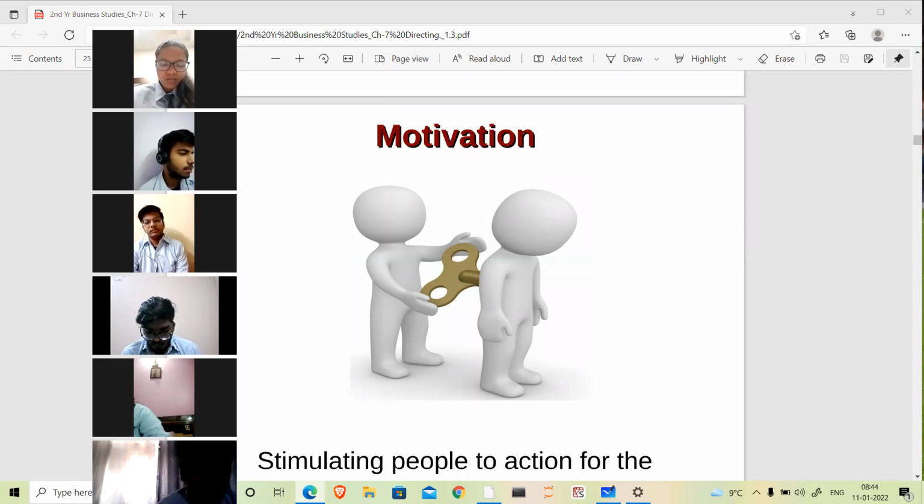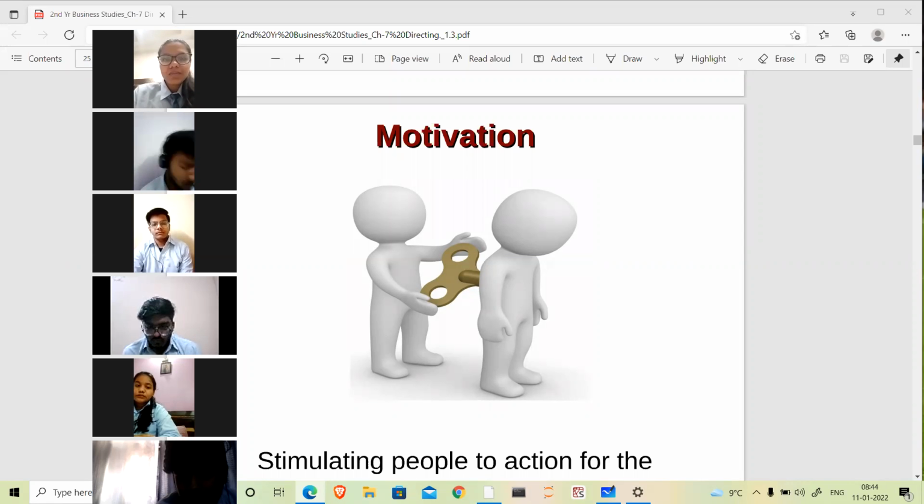He will be mentally disturbed: why am I doing so much hard work when I am not getting something extra? Yes, everyone in this world wants something extra if he or she is doing his or her best. So this something extra is motivation, encouragement, stimulation, inspiration, inducement.